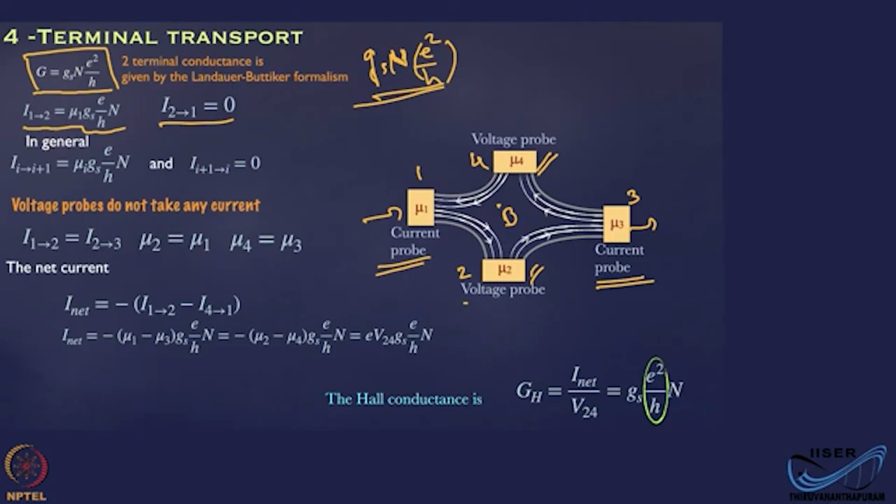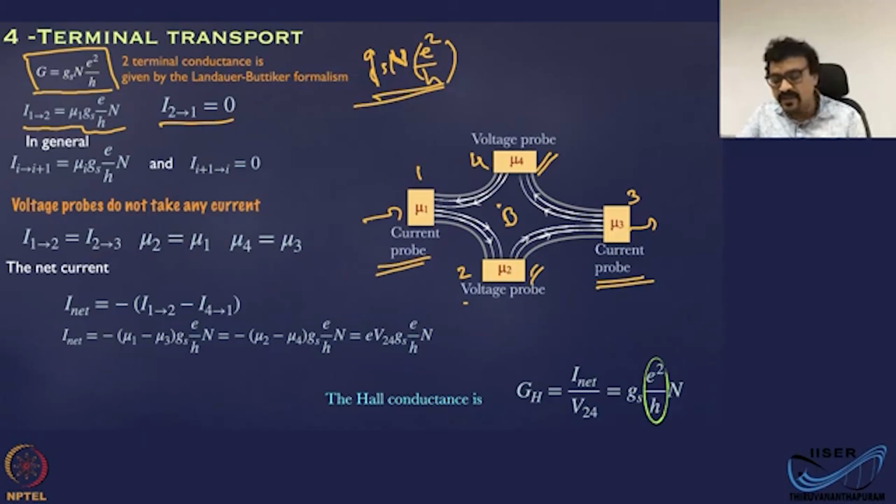Whatever electrons are reaching 1 are always from 4. These electrons go only here, then coming back is this track. So it comes back to the other edge, goes through this edge, goes forward here, comes back here. That means 1 to 2 is given by this Landauer formula, but 2 to 1 is 0.